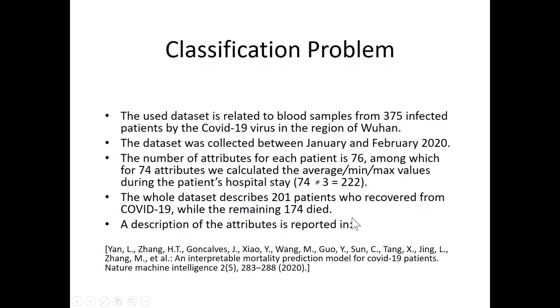Now, what is the proportion of patients who recovered from COVID? We have 201 patients who recovered, and the others unfortunately died, so 174. A more detailed description of the attributes can be found in this paper here, published by Chinese researchers in 2020.